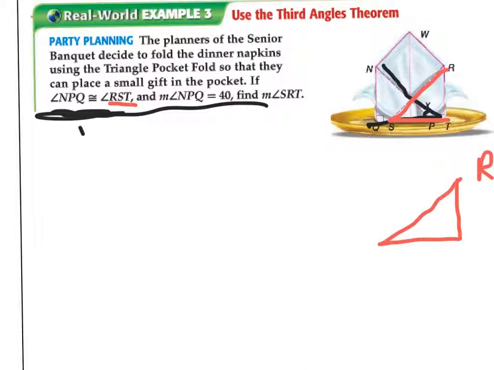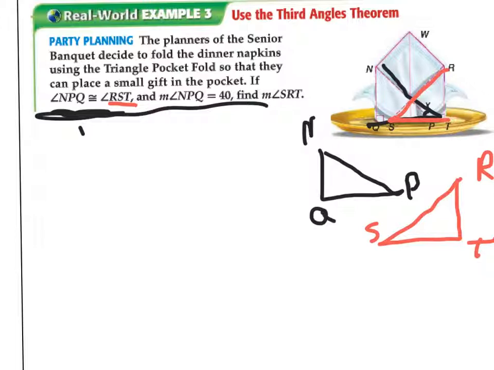R, S, T. Then I'm going to redraw the black one here. N to P to Q. So let's write this again. N to P to Q.